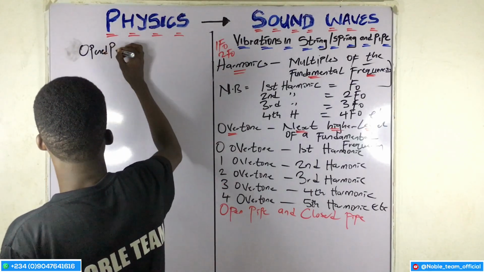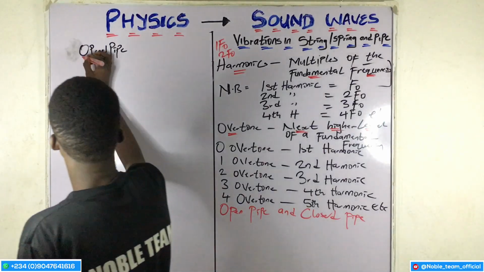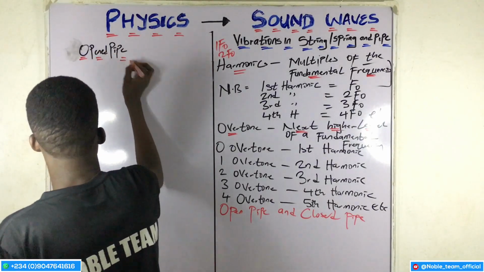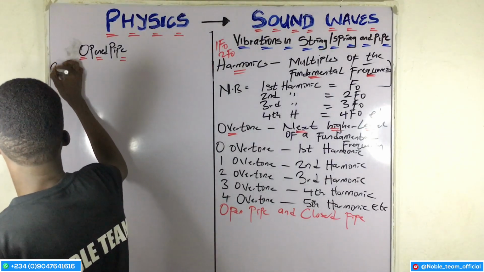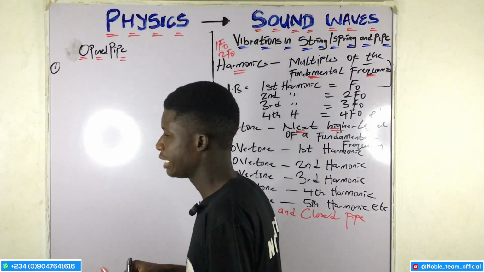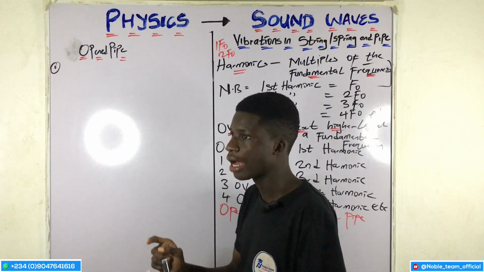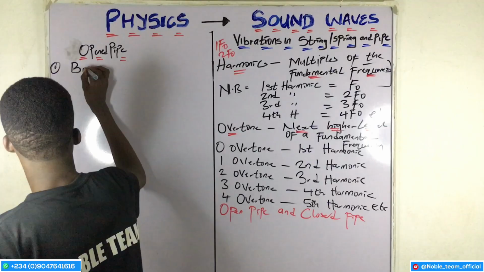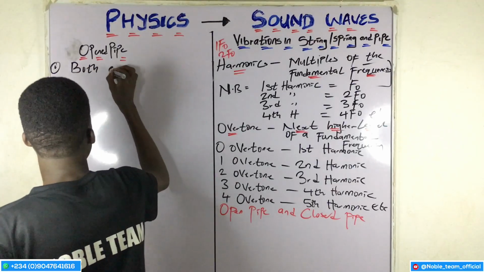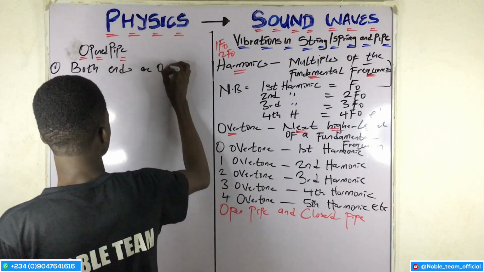When you talk about open pipe, number one, open pipe is a type of pipe where both ends are opened.